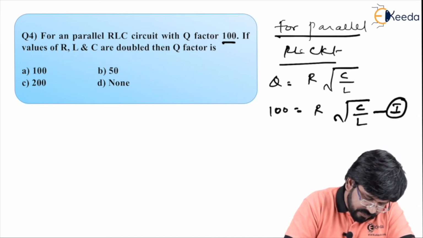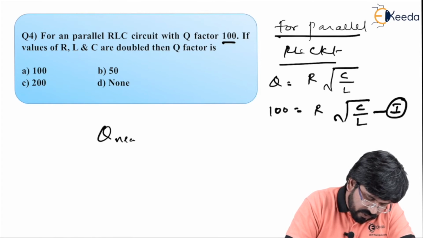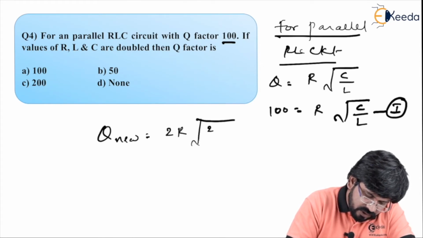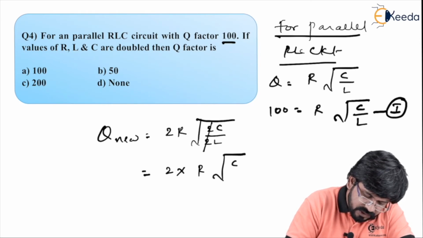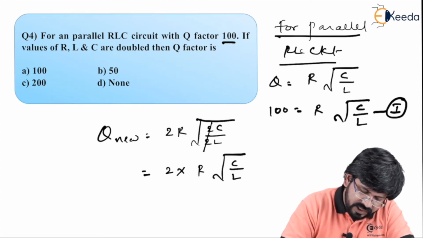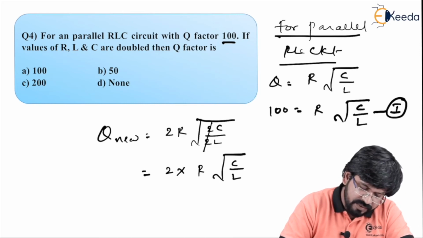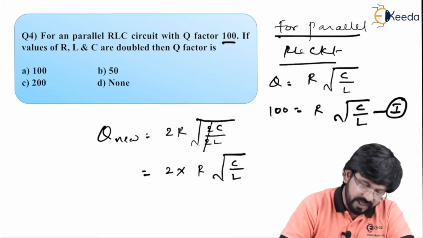So now the new Q factor becomes twice of R under root of twice of C by twice of L. Here 2 gets cancelled. What is remaining? 2 into R under root of C by L. You can see from equation number 1, R times under root of C by L is nothing but 100.